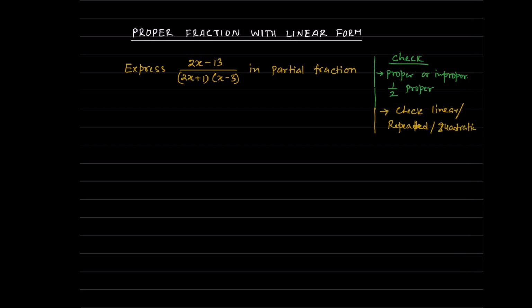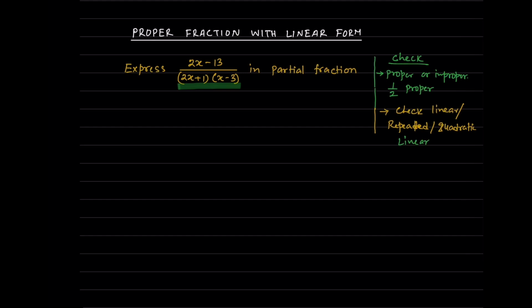So how to check that? Look at your denominator value, and in the denominator you can see within the bracket the power of x is 1. That means this is linear form. So it is in linear form. So these 2 checks are complete.